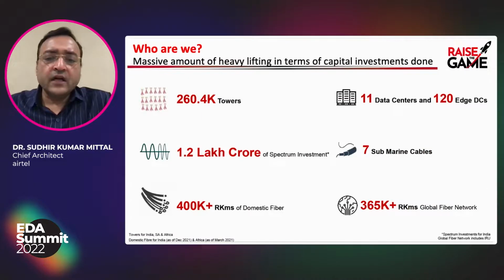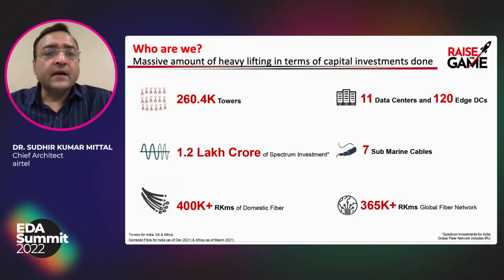And to give more idea about other things which indicate the size of Airtel, we have around 260.4K mobile towers, and that covers India, South Africa, and Africa.